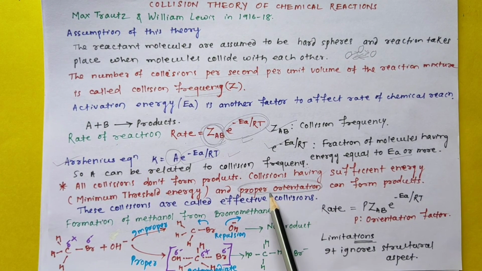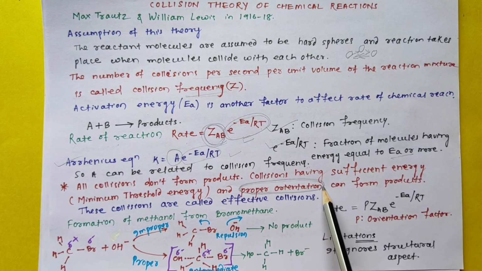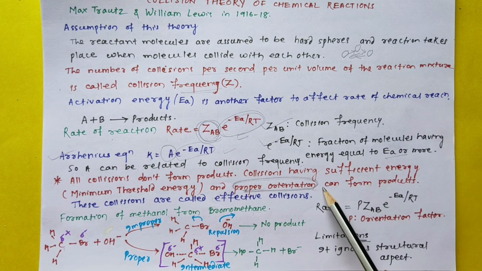So you recall the SN2 reaction mechanism, how approach in the proper direction helps in the formation of the product. Let's see an example: formation of methanol from bromomethane. Here bromomethane is there, and here a hydroxide ion is there.